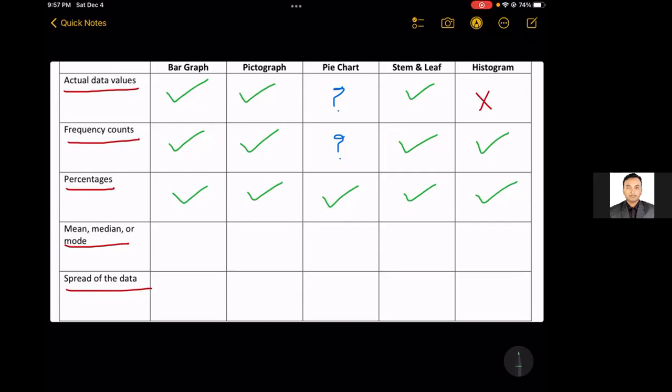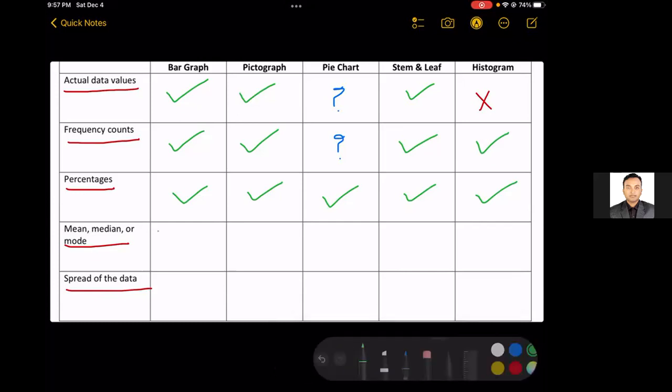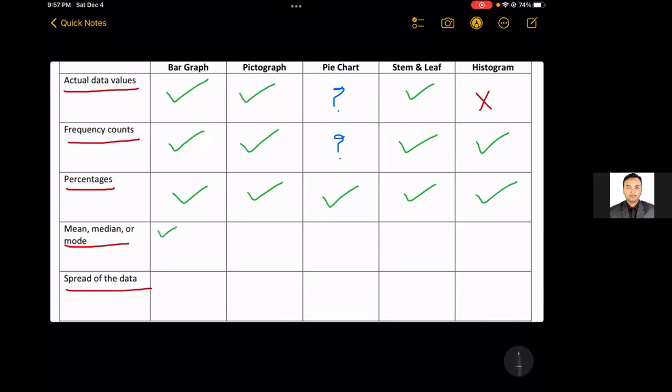So a big yes, if it's a discrete data set, we can compute mean, median, mode, all the three from a bar graph, because you can see the frequencies, right? It's discrete, so we can see the numbers. We can clearly calculate the mean, mode, median. Well, mode can be eyeballed. It's pretty straightforward, and mean and median would not be that difficult to calculate.